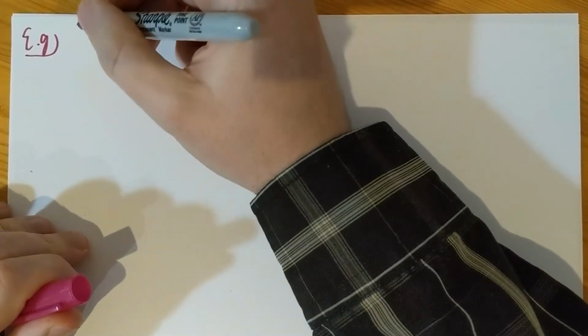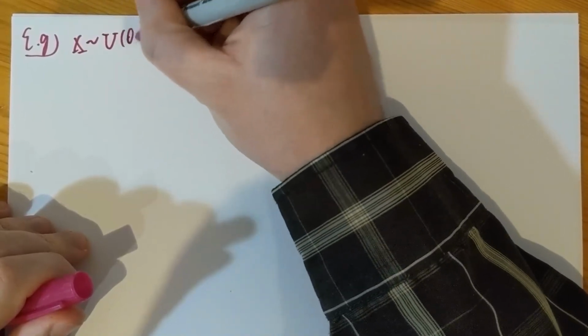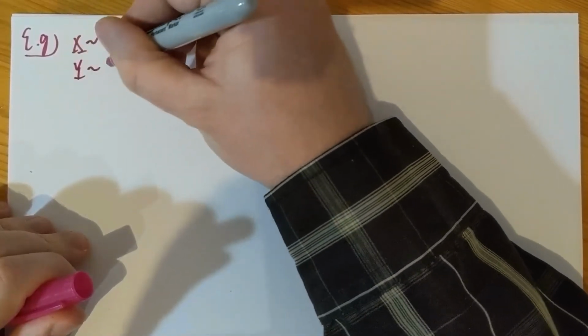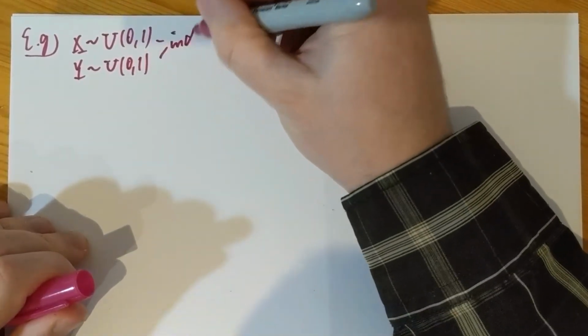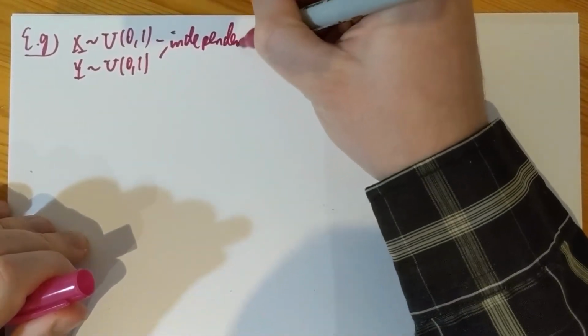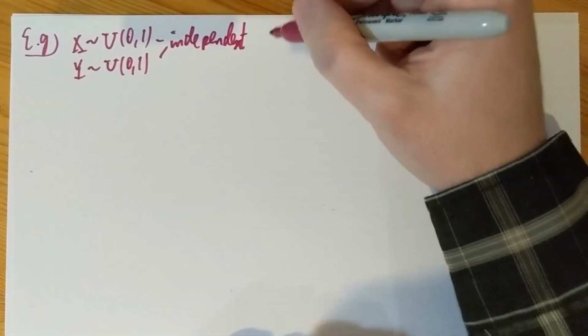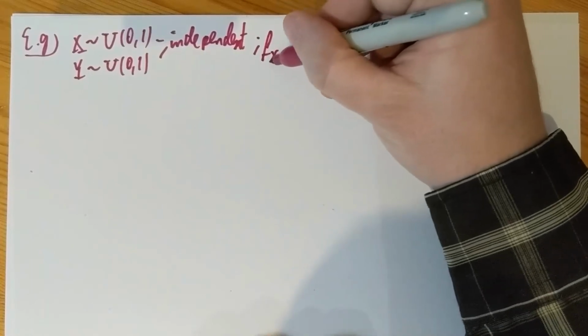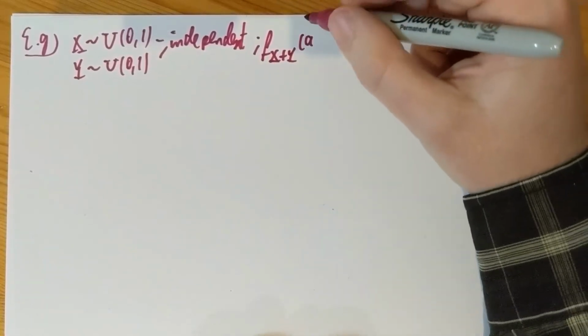Let's take X uniform on 0, 1, and Y uniform on 0, 1, independent. And let's find out the density of the sum of them at some point a.